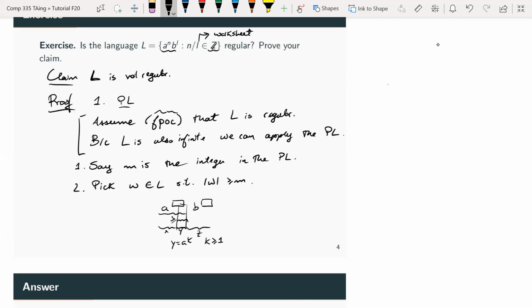And then the process is that I'm going to want to pump up or pump down. What I'm going to want to show is that the exponent for a, let's say plus ik if I'm pumping up, over the exponent for b, is not in the set of integers.